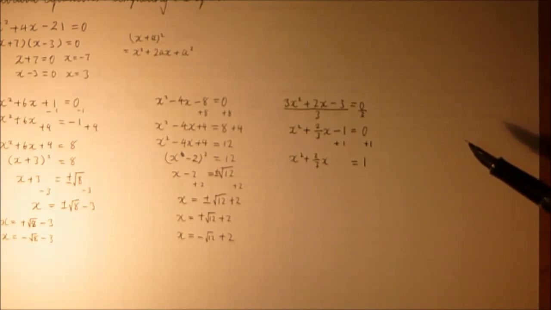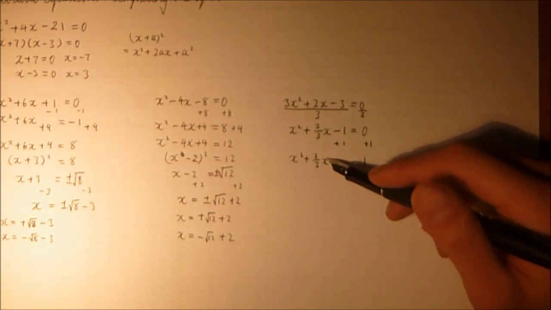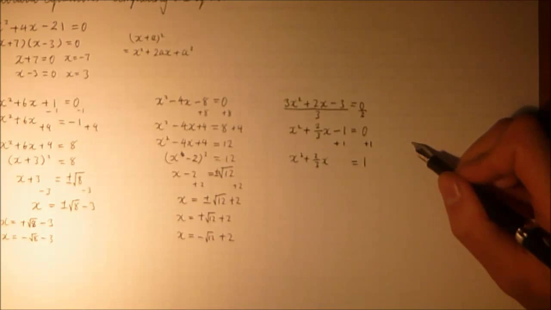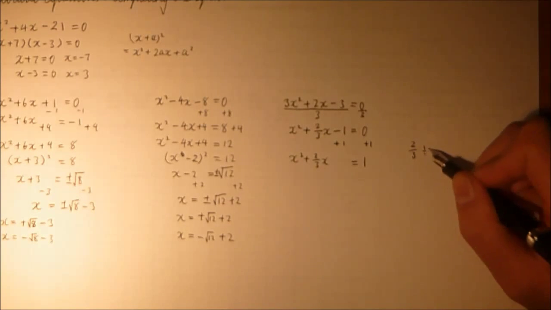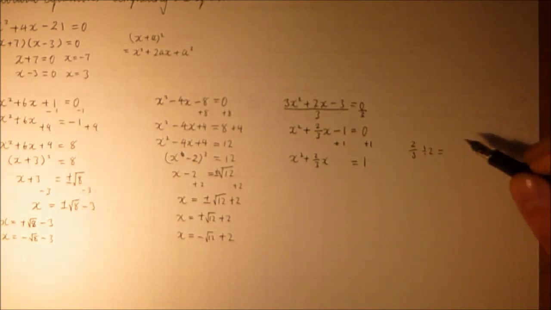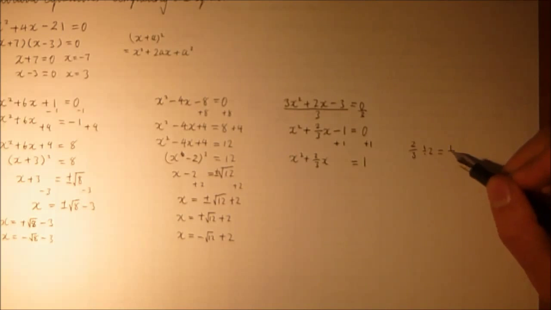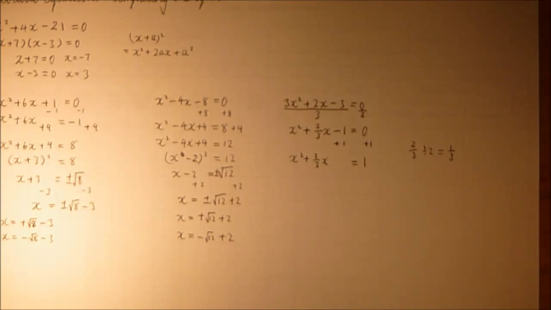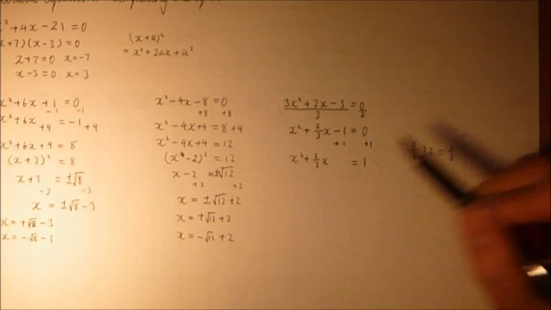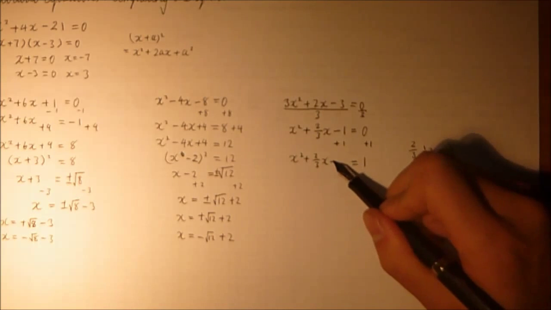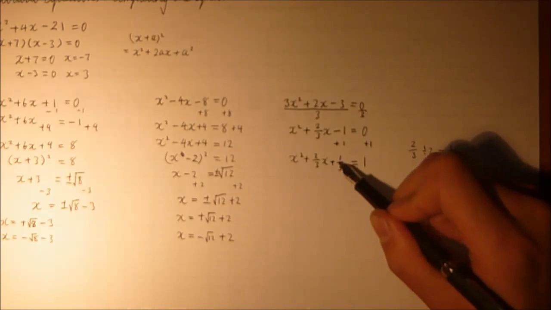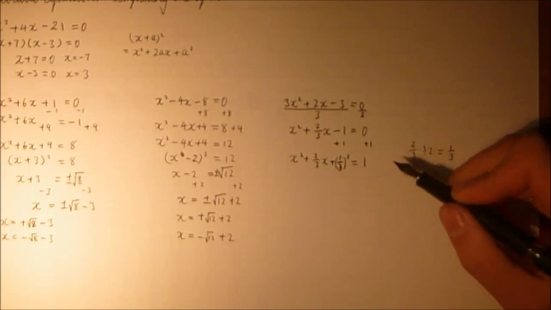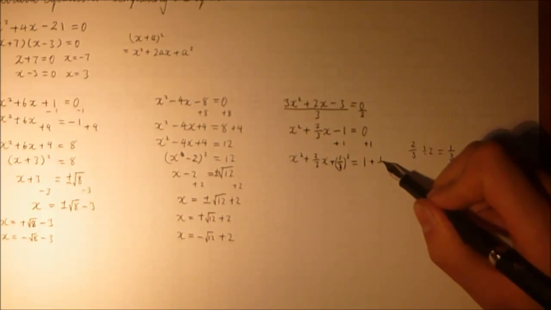And in this case, 2a is 2 over 3. So what's half of 2 over 3? Obviously, 2 over 3 divided by 2 would give us 1 over 3. And in this case, 1 over 3 squared. And remember to add it to the other side as well.